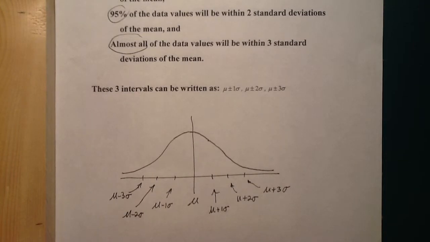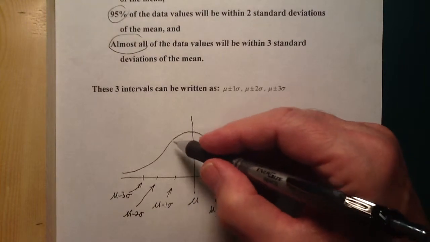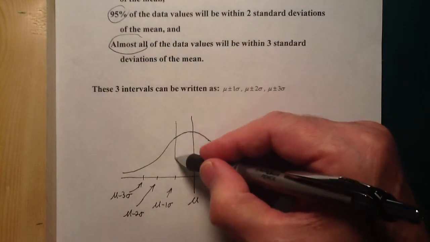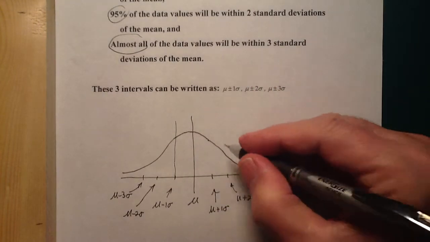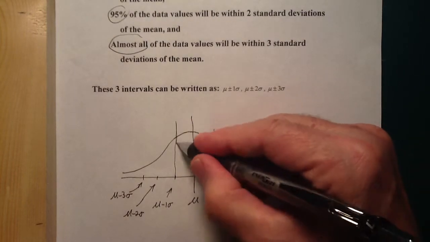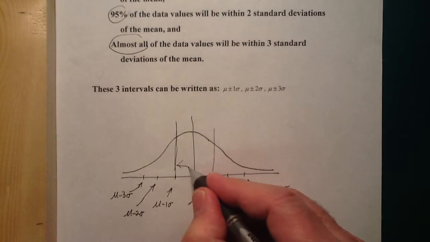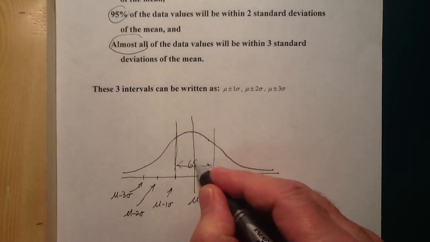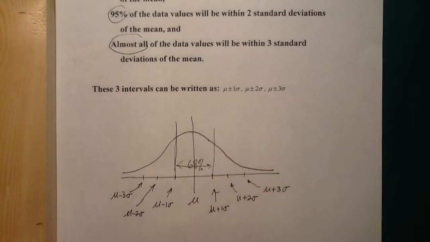So what the empirical rule is saying is that if we mark off an interval that looks like this, approximately 68% of the data will fall in that interval.